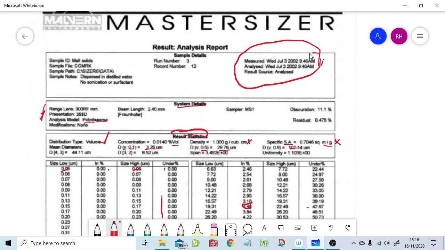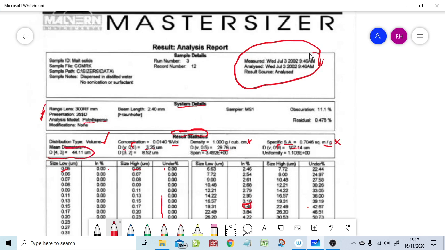Okay, so the 90% value just here, the 10% value just here aren't actually average diameters. However, the median value here, the dV 0.5, is an average diameter. It's the median diameter.